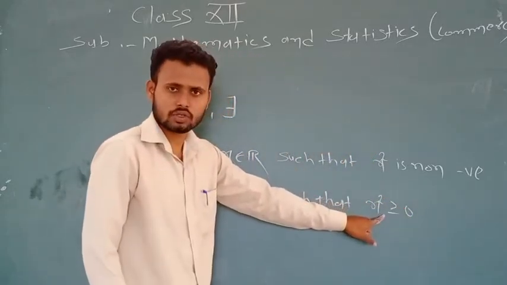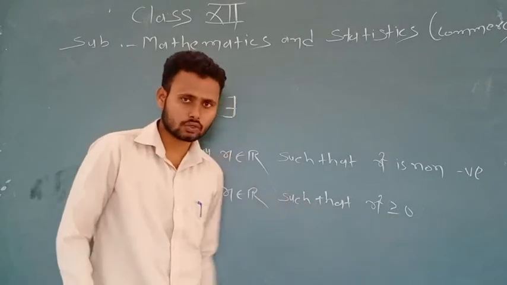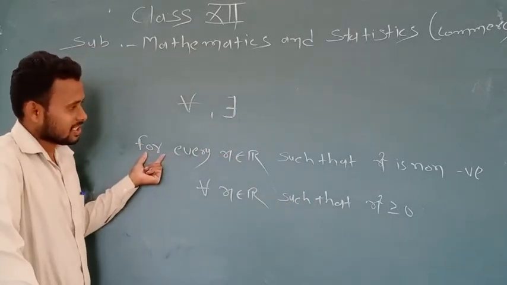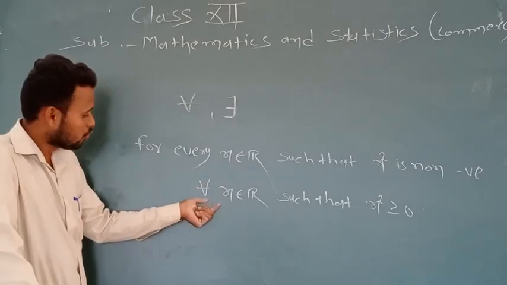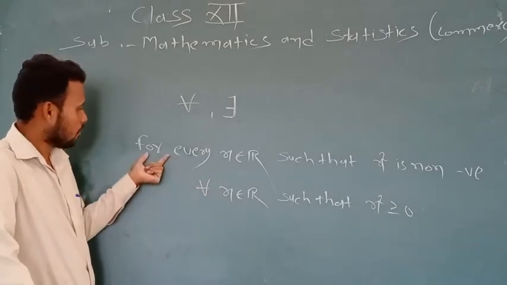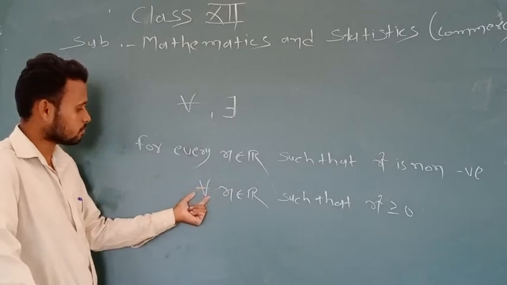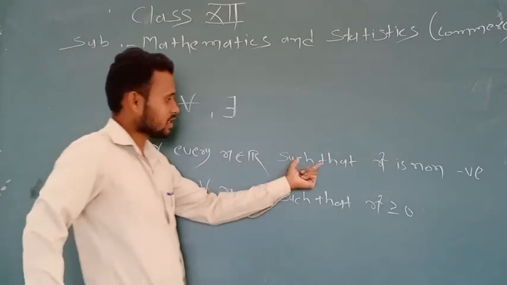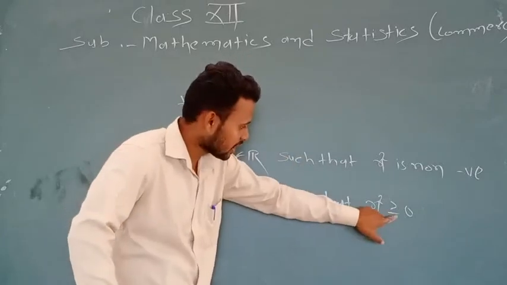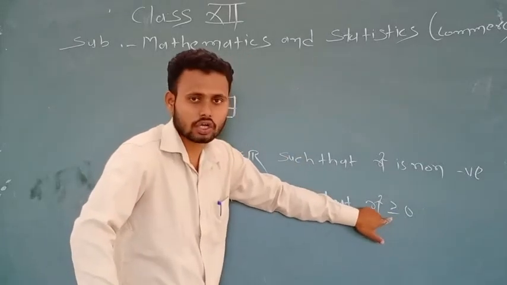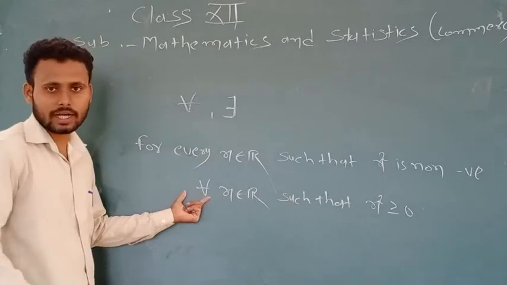Greater or equal to 0 means non-negative. For every x belongs to real number means for all x belongs to real number such that x square is non-negative. Here we use the quantifier for all.